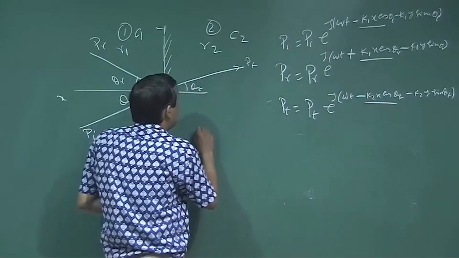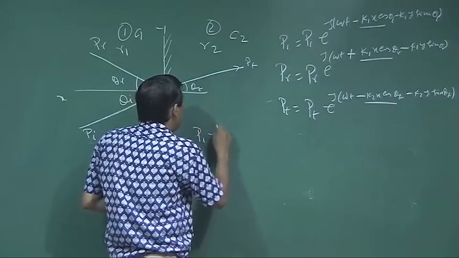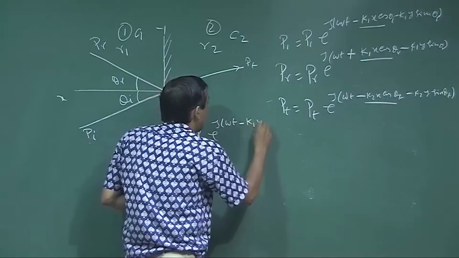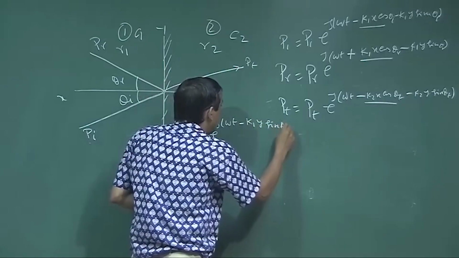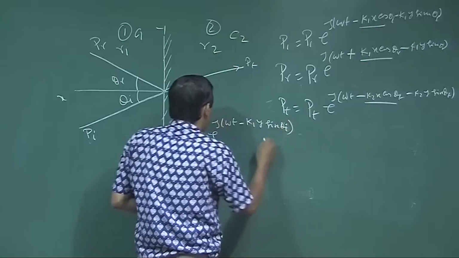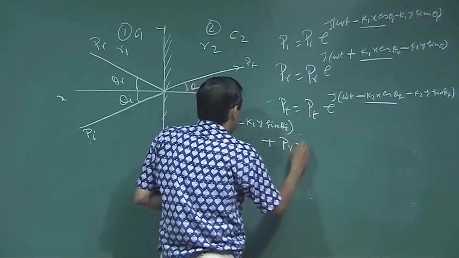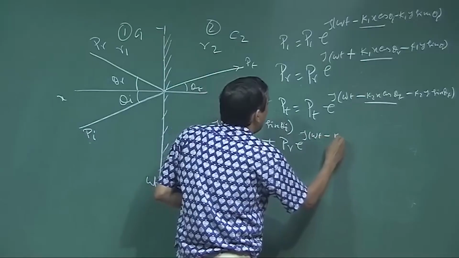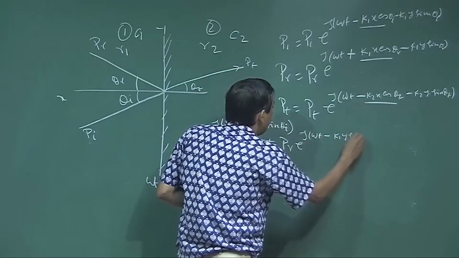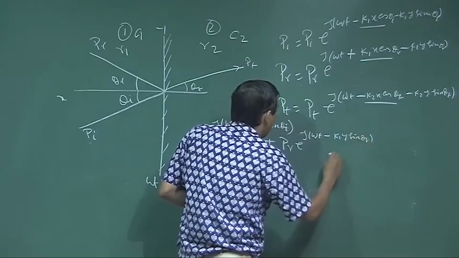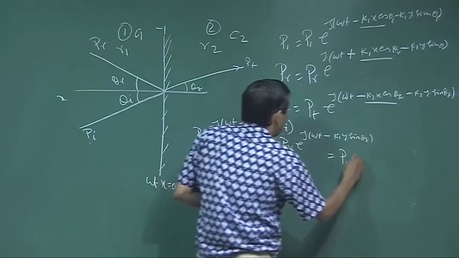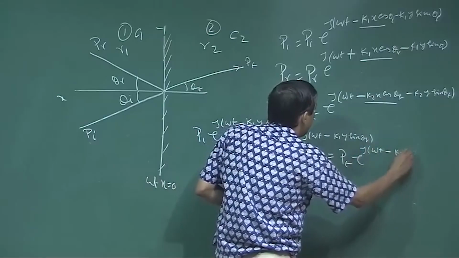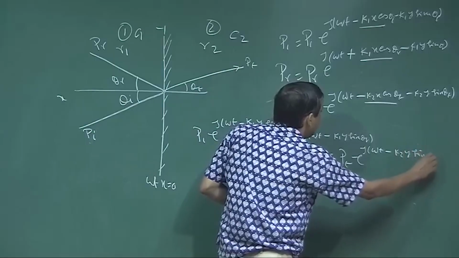So I can write Pi e to the power j omega t minus k1 y sin theta I plus PR e to the power j omega t minus k1 y sin theta r is equal to PT e to the power j omega t minus k2 y sin theta t.